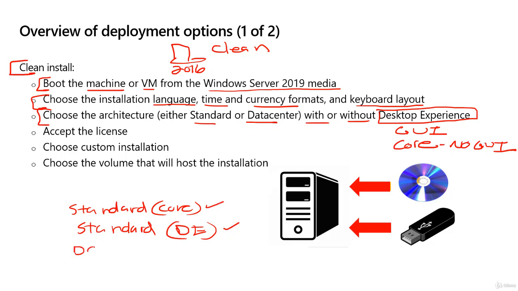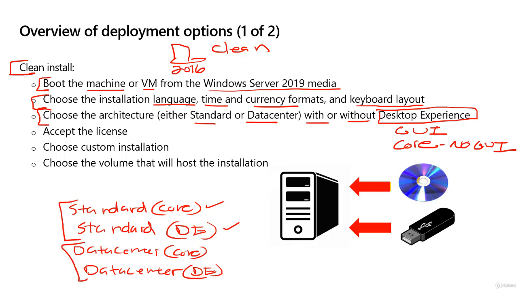Or do you want Datacenter Core, or Datacenter Desktop Experience? Now, we looked at this earlier and established the big difference was licensing. You get 2 virtual licenses with Standard and you get unlimited virtual licenses if you choose Datacenter. So those are the 4 options we are presented with.